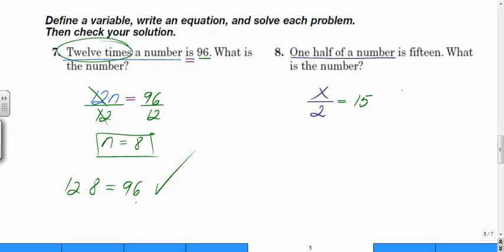All I need to do is find what x is. If half of x is 15, I'm going to double it, and I will double both sides. 2 divided by 2 will be 1. You will definitely have 1 full x, equals 30. And you're done.